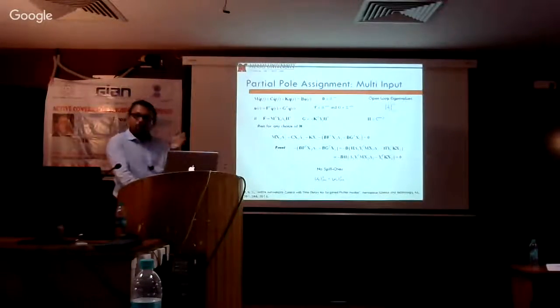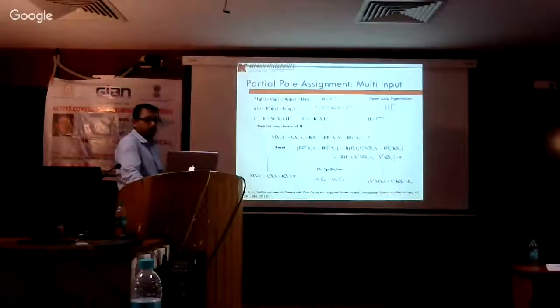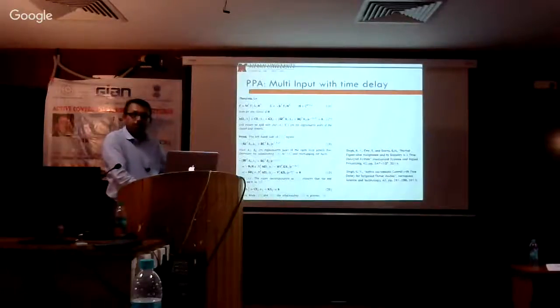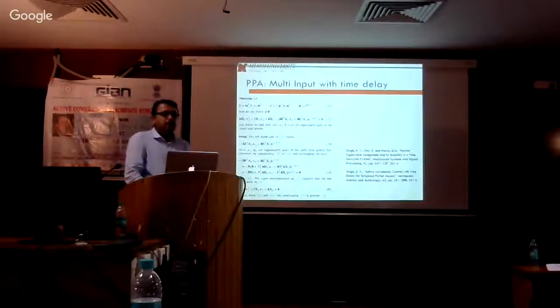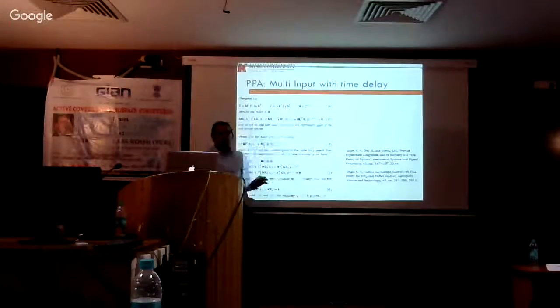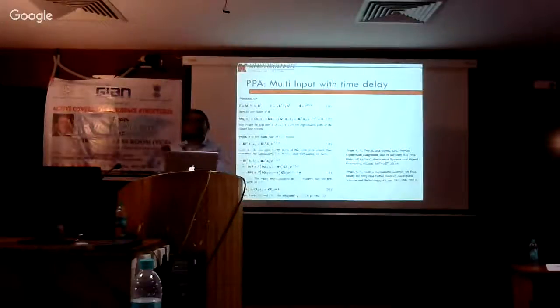We can prove the entire thing in a similar way. This is for the case when the system is symmetric. We can do the same exercise for the case when the system is asymmetric. So the idea is that with a similar form, by replacing the vector with a matrix, you can ensure that there will be no spillover.